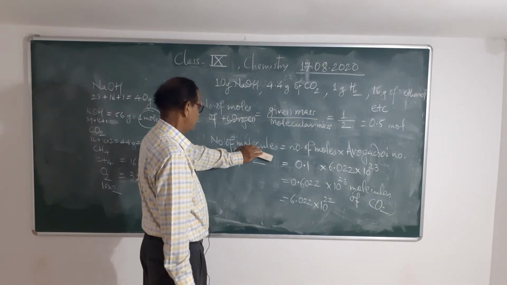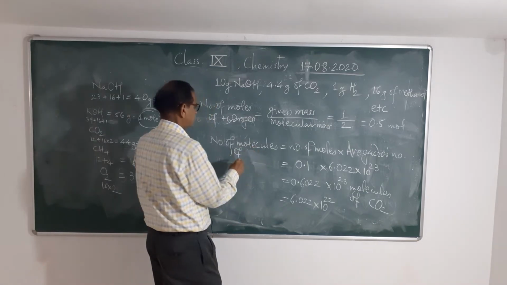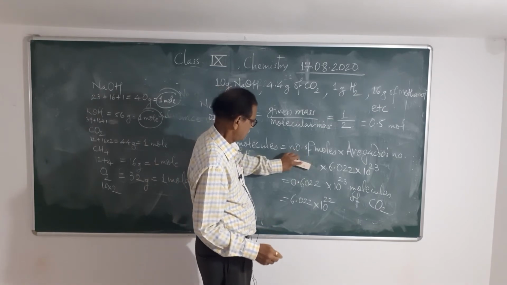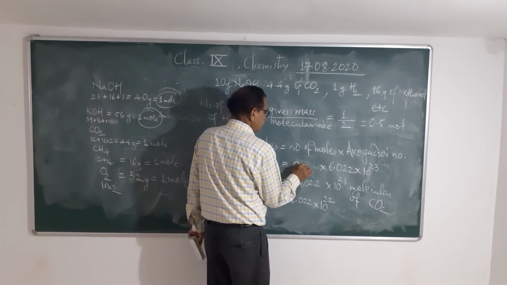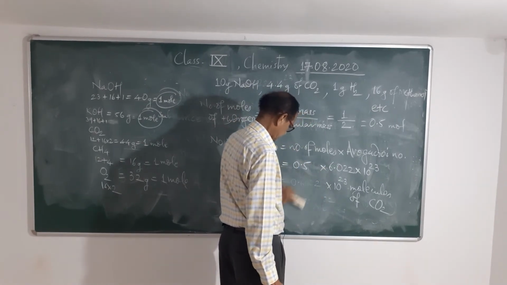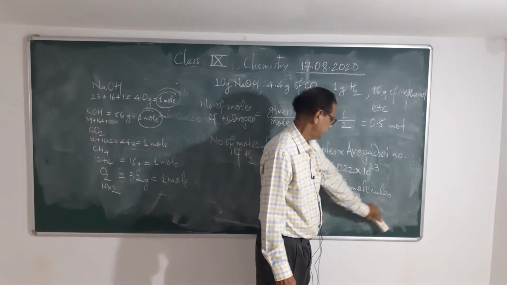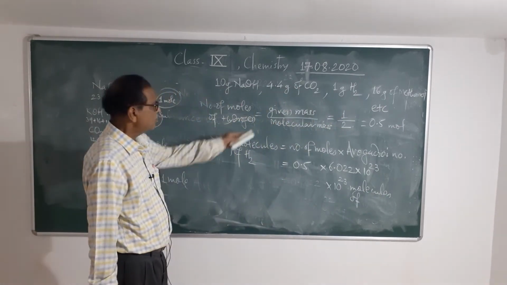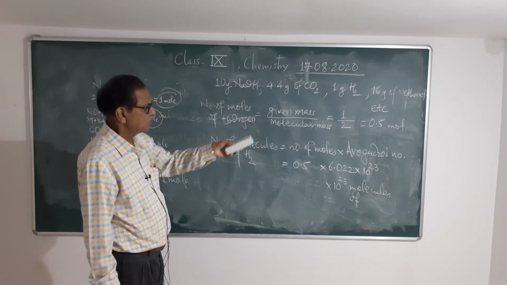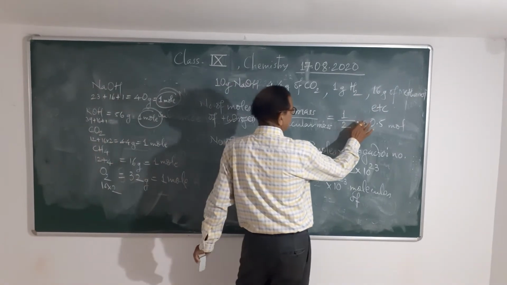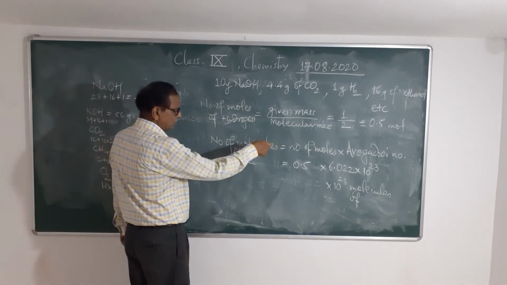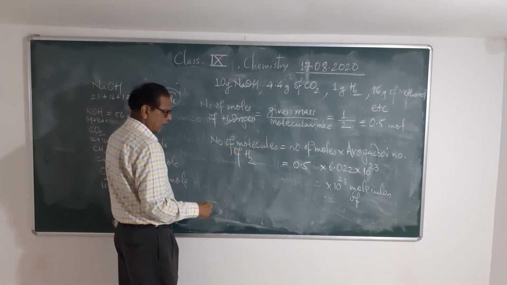And the number of molecules of hydrogen is equal to number of moles multiplied by Avogadro's number.